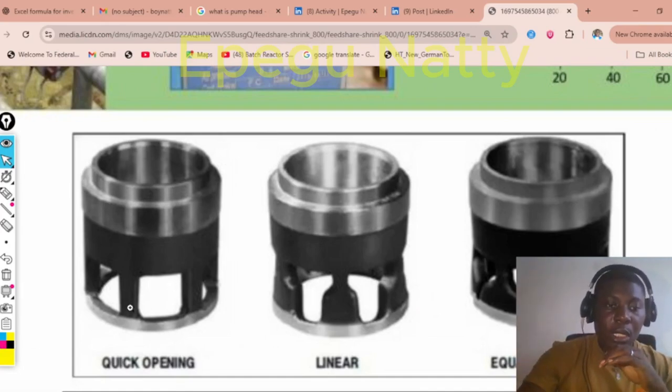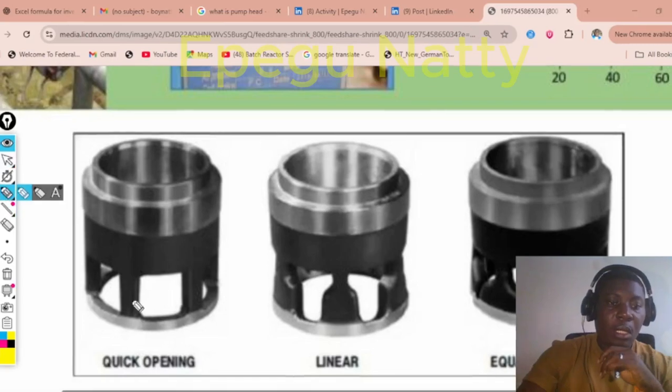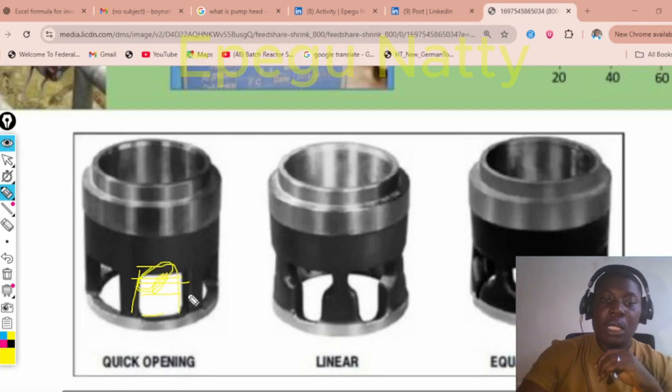If you look at this, the first one is the quick opening. You see it's a rectangle, so immediately you open it, we have a lot of flow going inside. For this other one, this is linear, so the opening goes linearly.